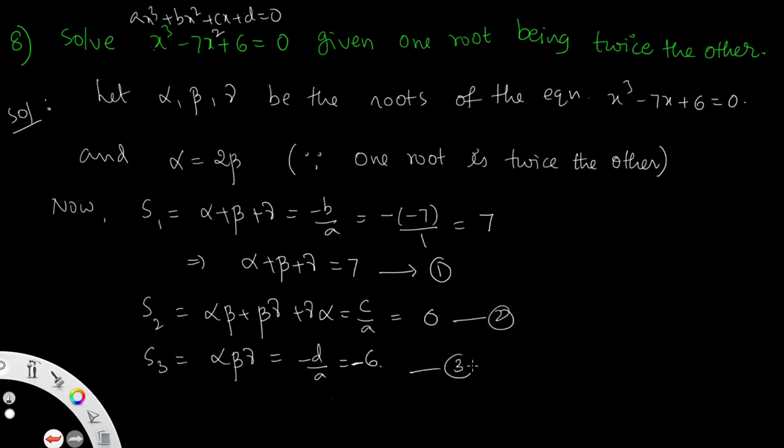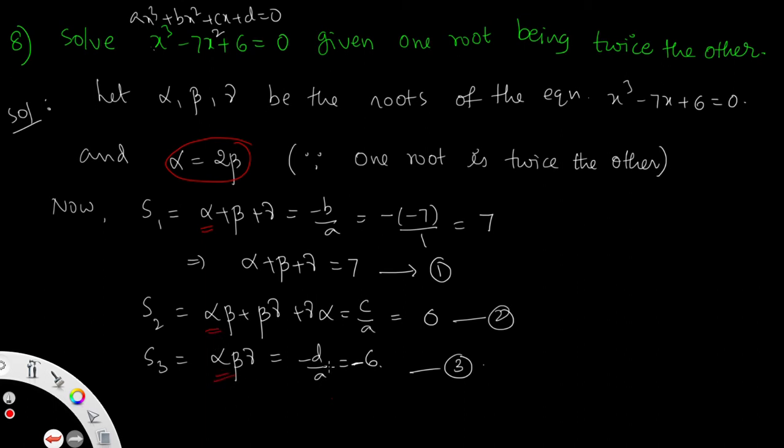But according to the question, the condition is that one root is twice the other. So wherever alpha is there, write 2 beta.